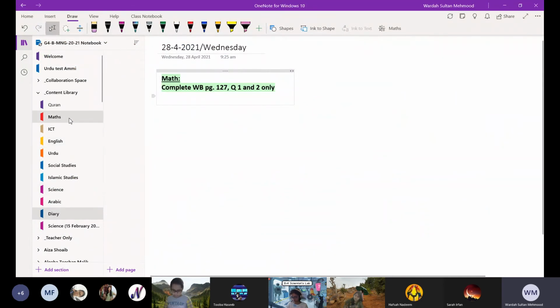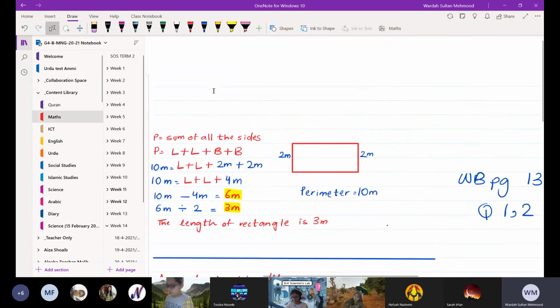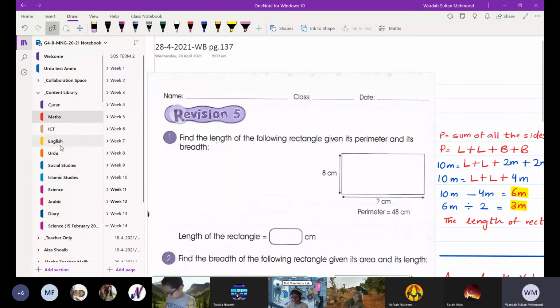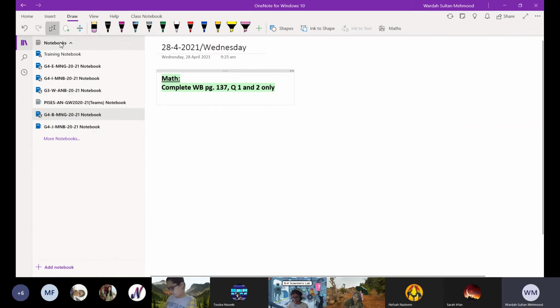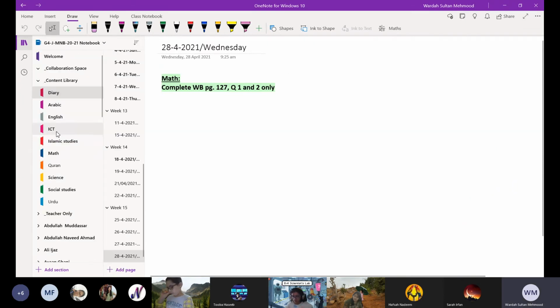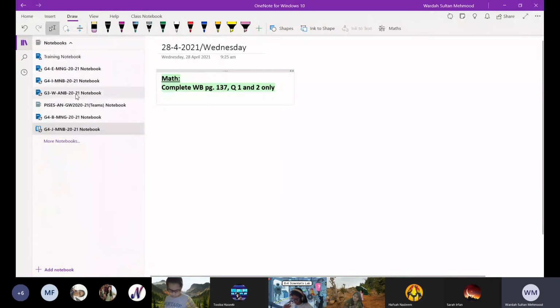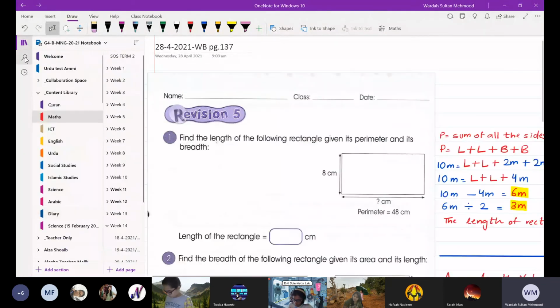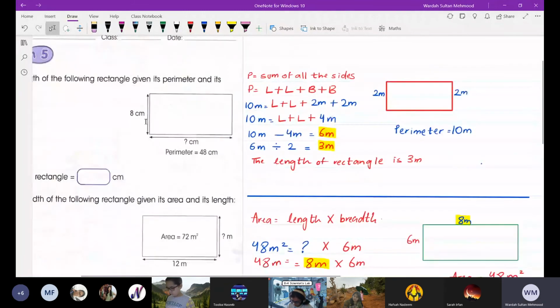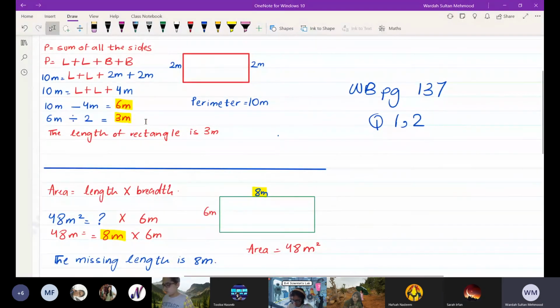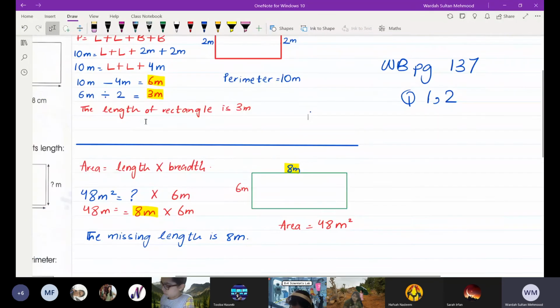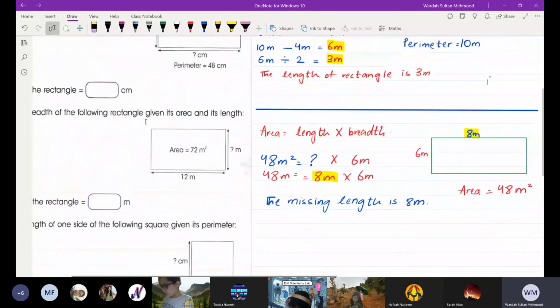Page number 137, question 1 and 2. The questions are different on page number 137. Don't copy these questions.